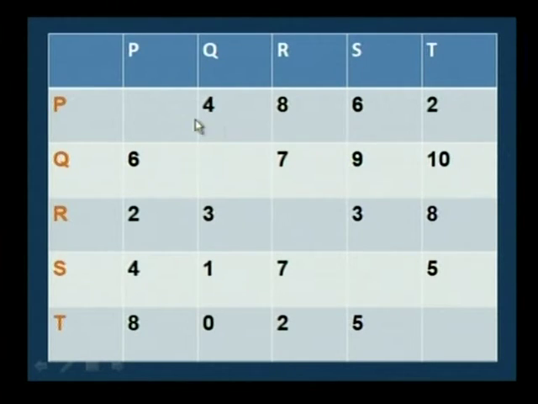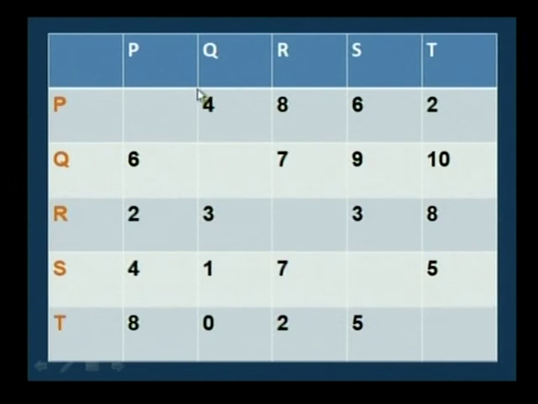This 4 indicates that 4 teachers have graded P as more intelligent than Q. Then again this 8, 6, 2, next row 6, dash, 7, 9, 10, next row 2, 3, dash, 3, 8, next is 4, 1, 7, dash, 5, and the last is 8, 0, 2, 5.